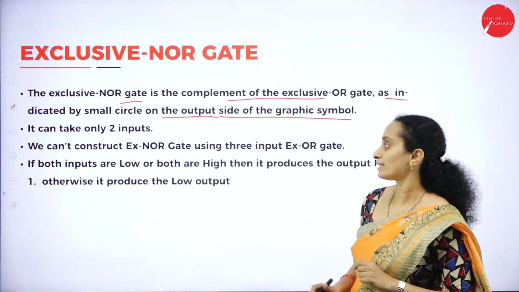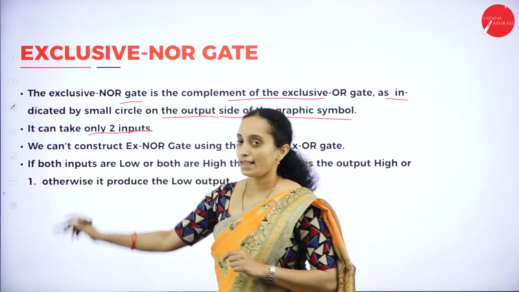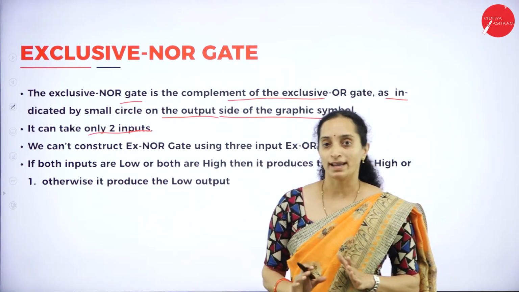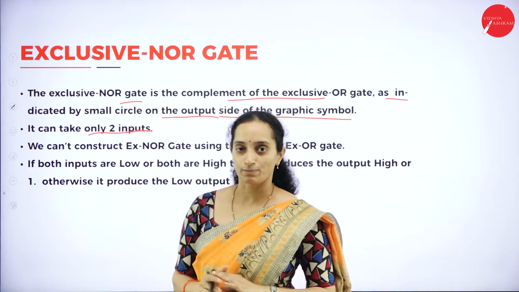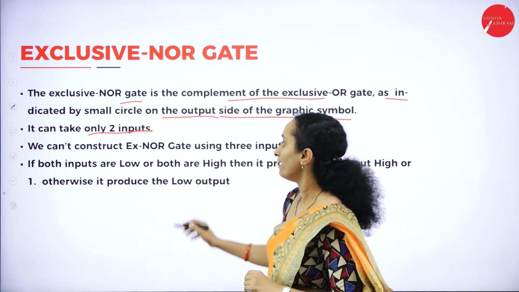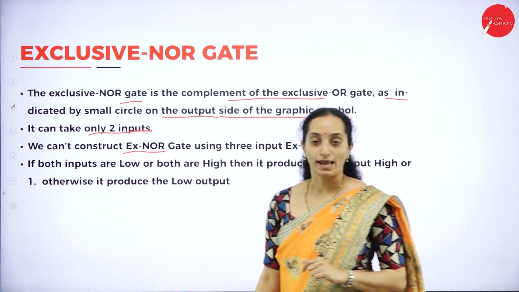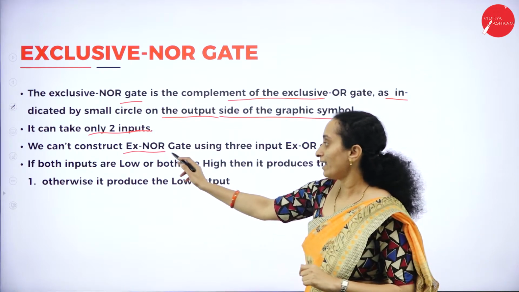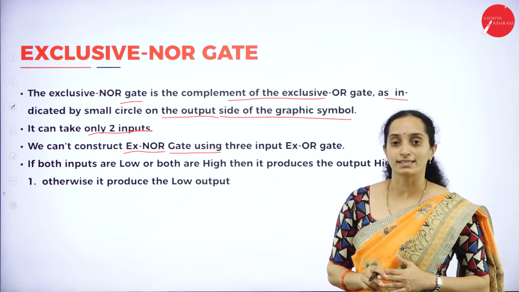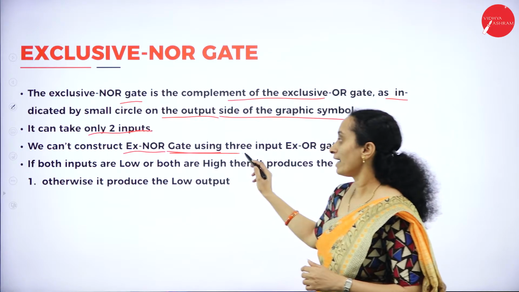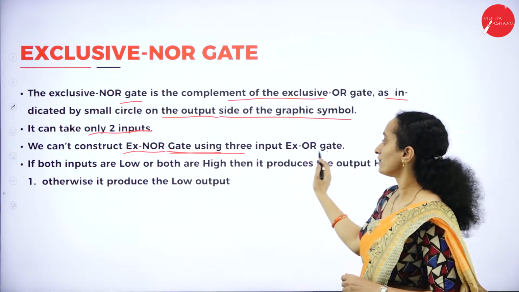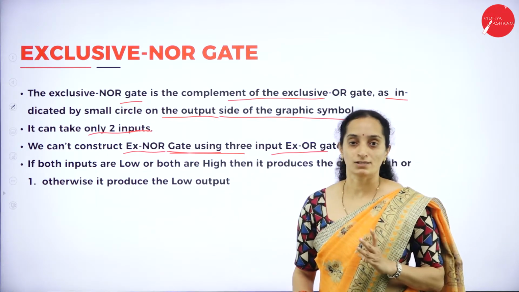We use a small circle, and the XNOR gate takes 2 inputs. Alright, here we have the 2 input XNOR gate. Again, the condition is that we can't construct an XNOR gate using a 3 input XOR gate.